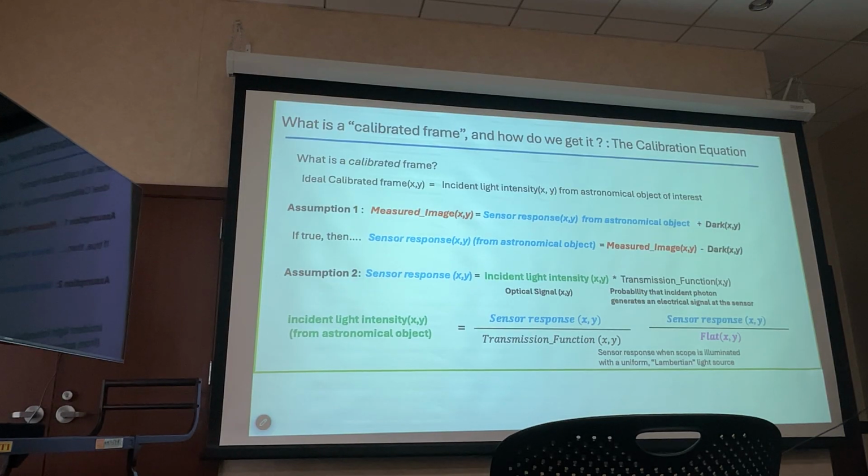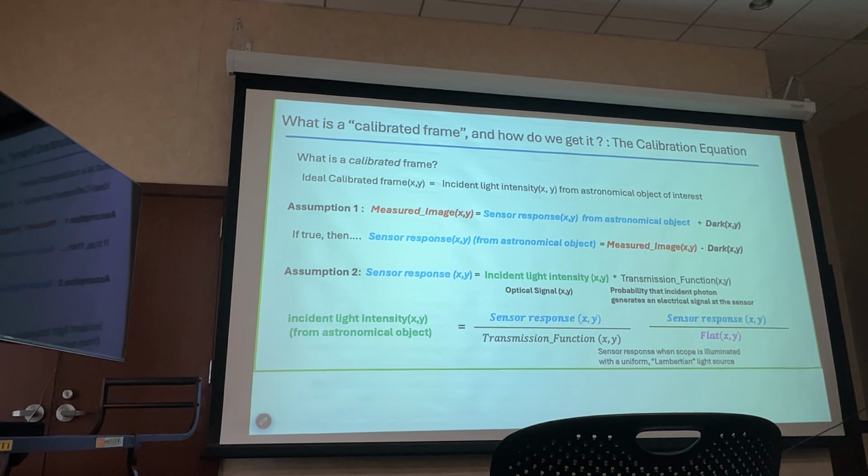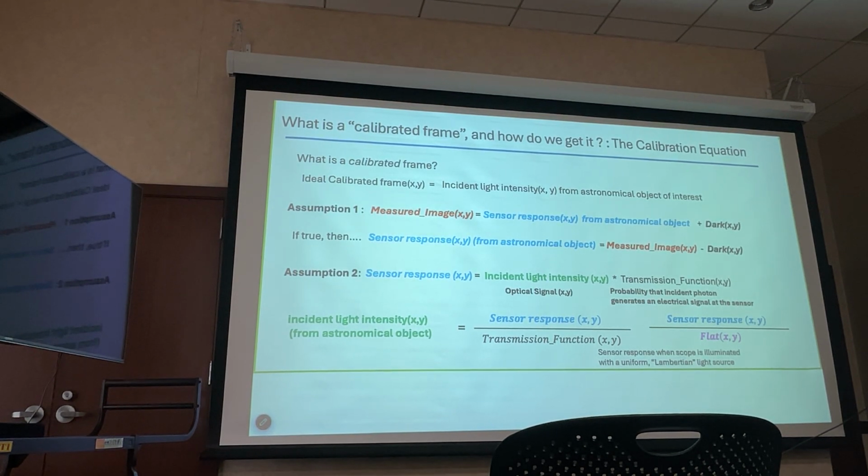Our second assumption is that the sensor response that we measure is actually due to the incident light as a function of x and y, because it's an image, multiplied by something I'll call a transmission function. A transmission function tells me the probability that a photon that should hit a particular pixel actually does hit that pixel.